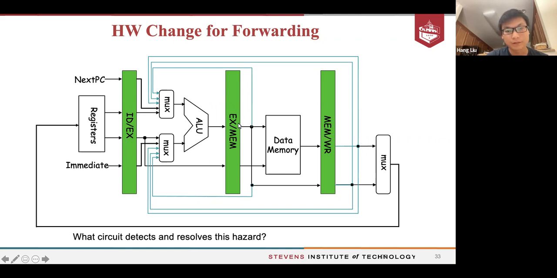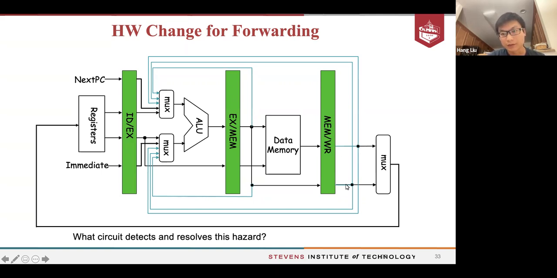So basically at the end of the ALU, or rather the end of the memory access, like here.